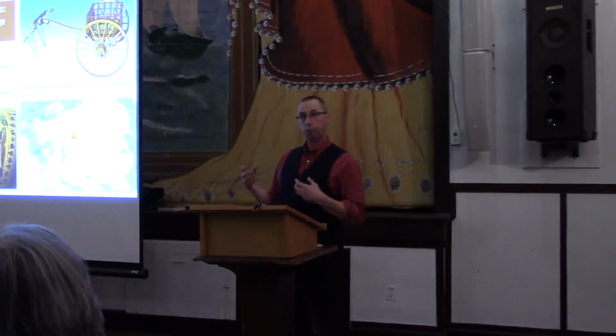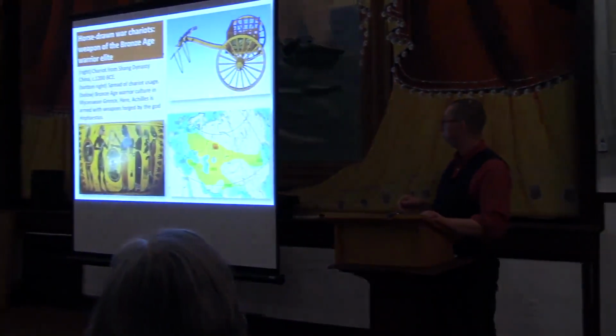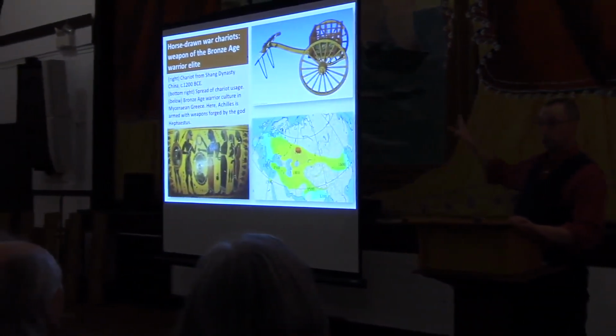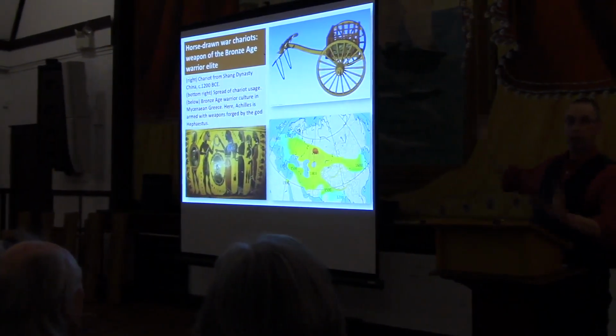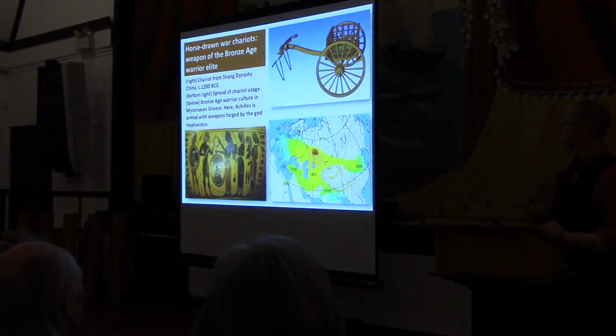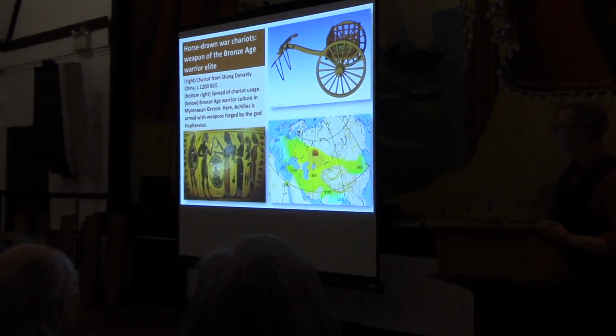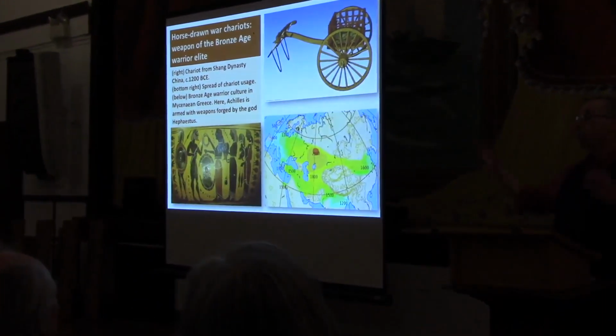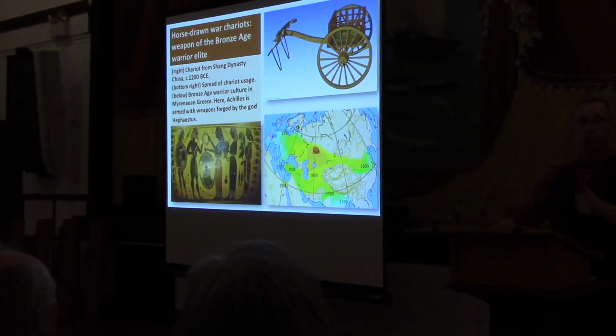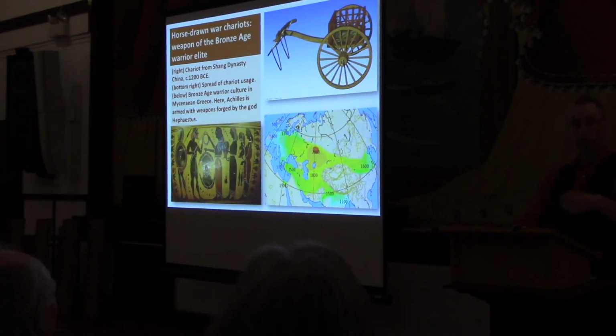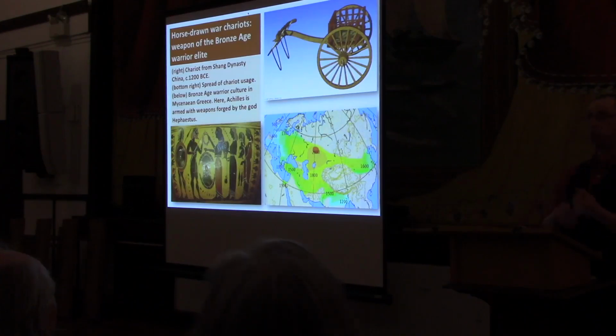In the Bronze Age, the archetypal military expression of the Bronze Age states is going to be the fast horse-drawn chariot. I put at the bottom left here Achilles receiving his weapons from the gods. Think of Troy. Think of the Greek Bronze Age warrior culture. There's one expression of it.